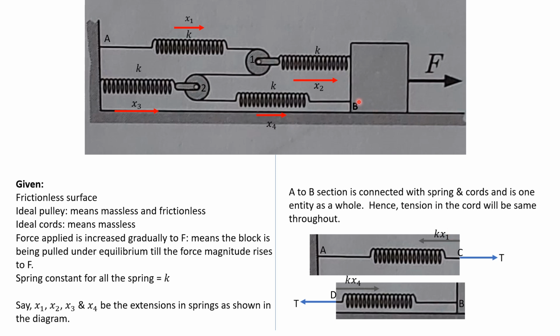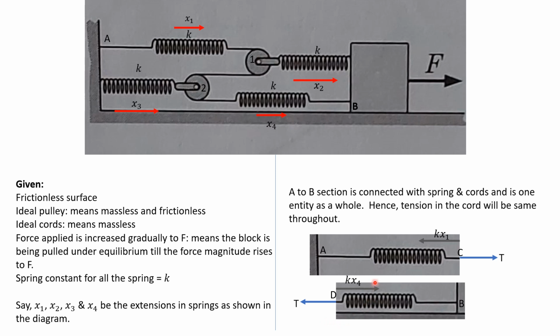Similarly for this section, spring 4 is connected to B point. If we take this as D point, at D point which forces are acting? T is the tension force. The spring has got an extension x4, so Kx4 will be the force by which the spring will be pulling this point this side.